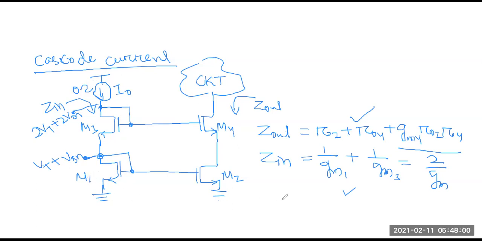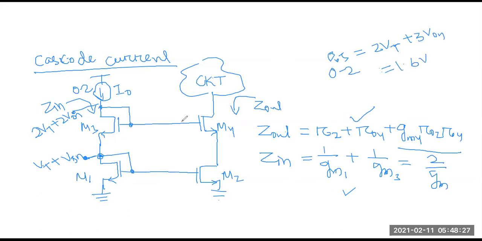Suppose VT is 0.5 voltage and V on is equal to 0.2 voltage. So what is the total voltage? 2 VT plus 3 V on is roughly 1.6 voltage.